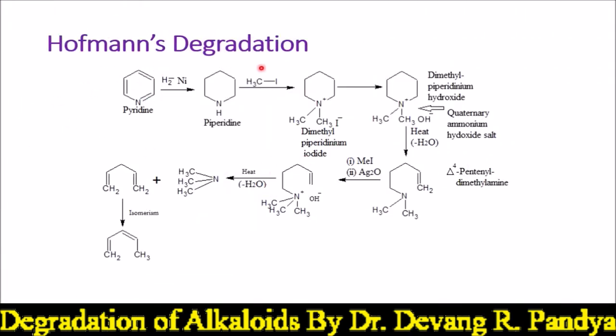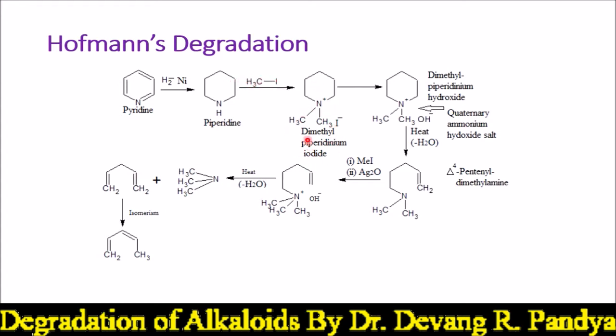Now this is the Hofmann degradation method. Already we said that from the heterocyclic compound we need to substitute this nitrogen to get the simple aliphatic compound. For that, we perform the reduction in the presence of hydrogen and nickel. We get piperidine, and that piperidine is methylated with methyl iodide.